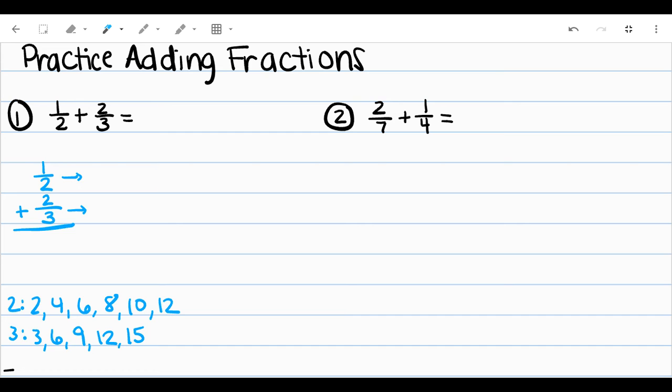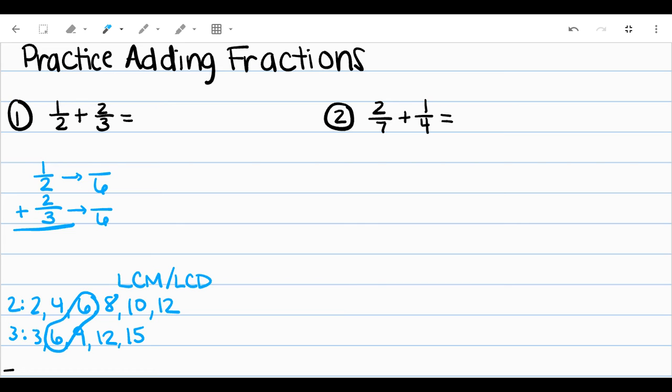I see that both lists have a 6 and they have a 12. But we're looking for the least common multiple or least common denominator, so the smallest number they have in common. And in this case, for 2 and 3, the least common multiple is 6. So that means I'm going to make my denominator 6 for both of my fractions.